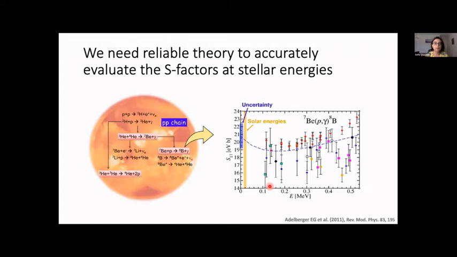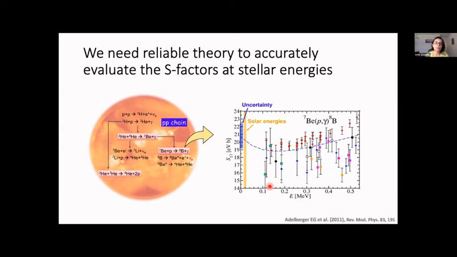For example, here I'm picking one of the possible examples, a solar fusion cross-section, specifically the beryllium-7 proton-gamma cross-section that produces boron-8, and then from the decay of boron-8 produces the high energy neutrinos that we can detect here on Earth.